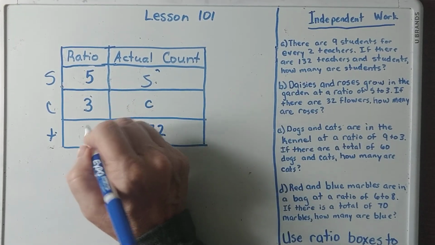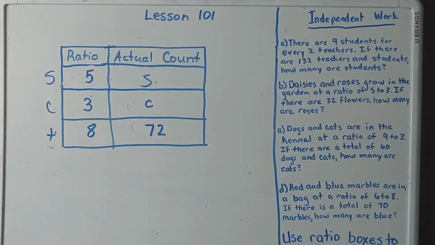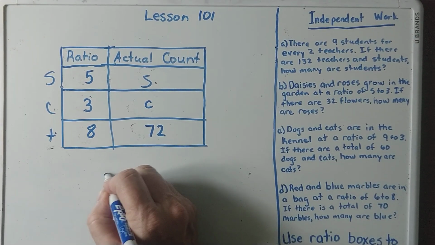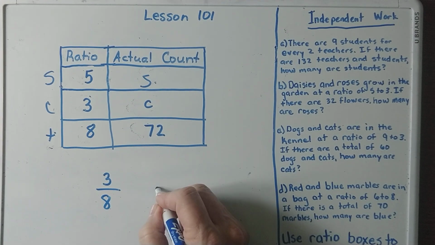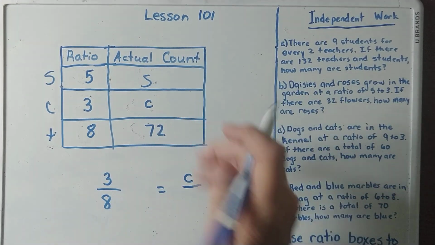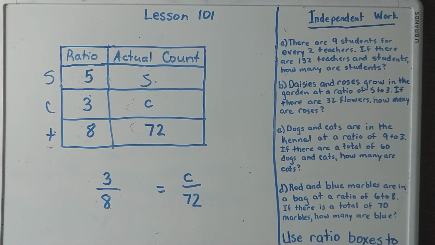The ratio total is 8. So we're trying to find out how many were crows. So we know for every 3 crows, there were 8 total. And for however many crows there were, 72 total.